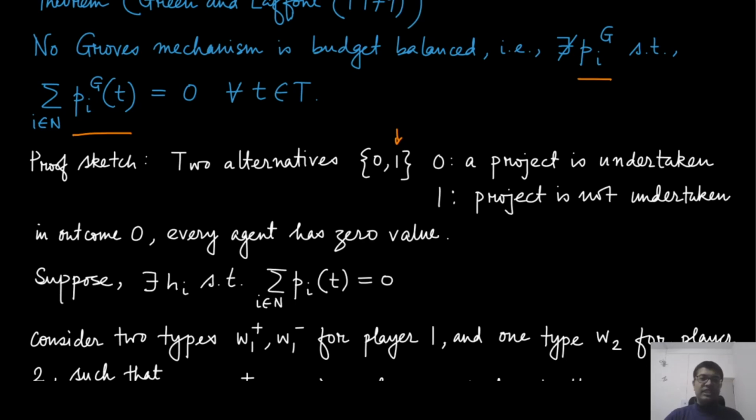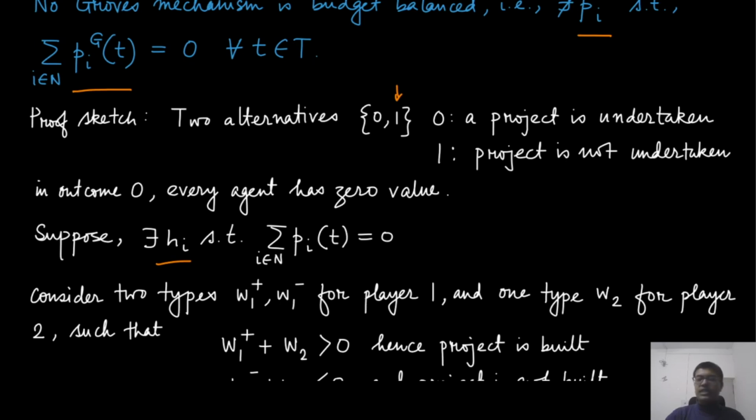Otherwise, they get 0 value. Now we are going to assume for contradiction that there exists some h_i, because that's the only variable in the Groves class, such that the sum of these payments becomes equal to 0.